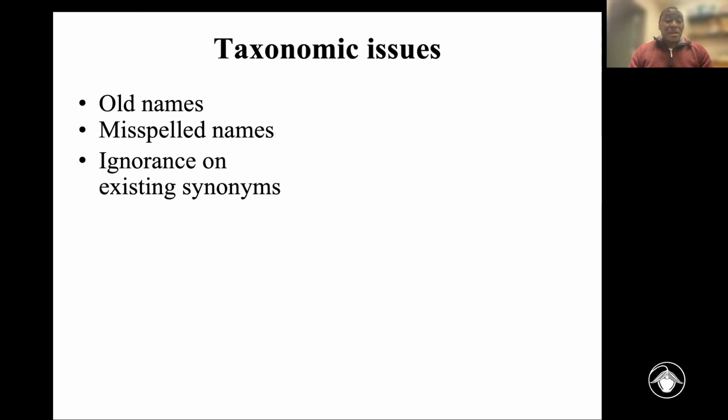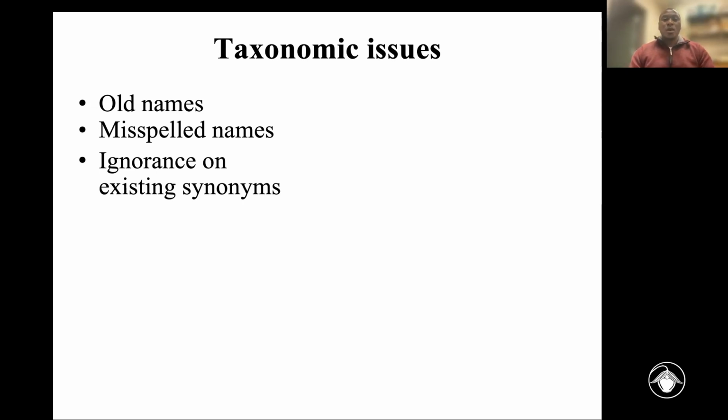Some of the Herbaria records we have also date all the way to 1700, 1800, and taxonomy has changed over these decades and centuries. And so sometimes there is limited capacity to go through the millions of records to begin to clean those names.